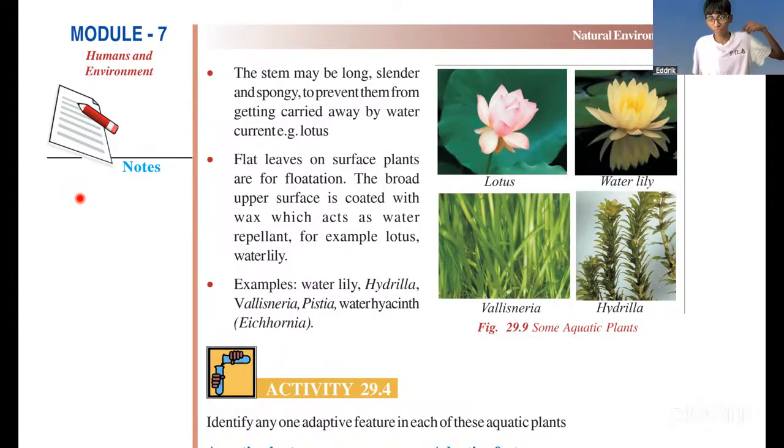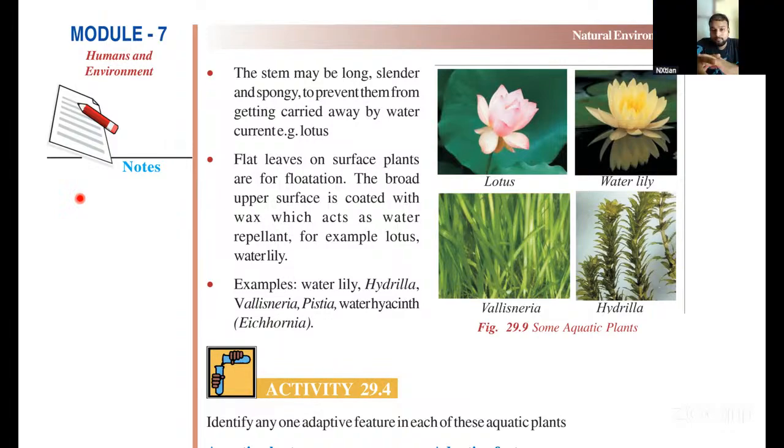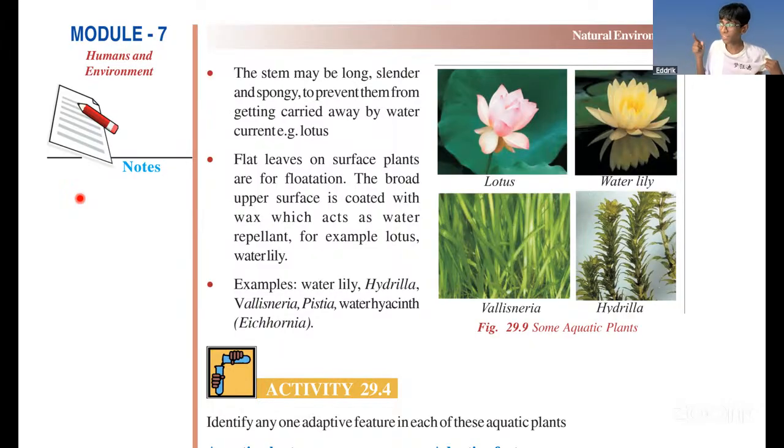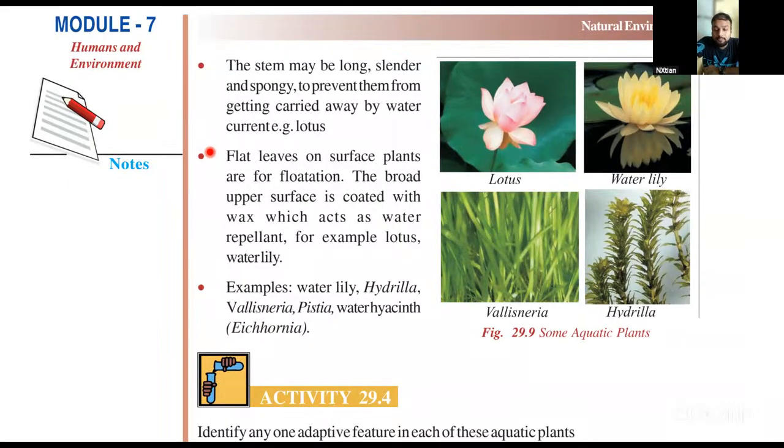I'll tell you an adaptation in the water lily. In the water lily, the upper surface is covered with wax to prevent the plant body from damage due to water currents. Read the second point, please.